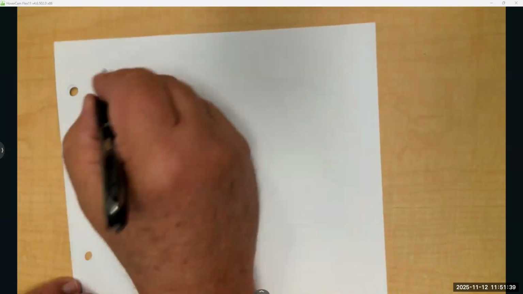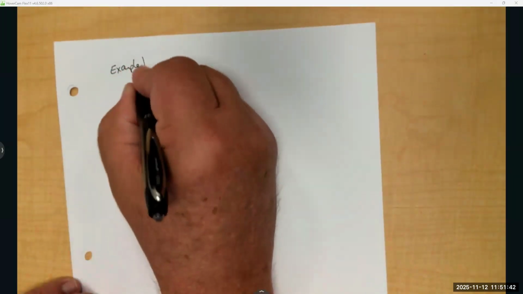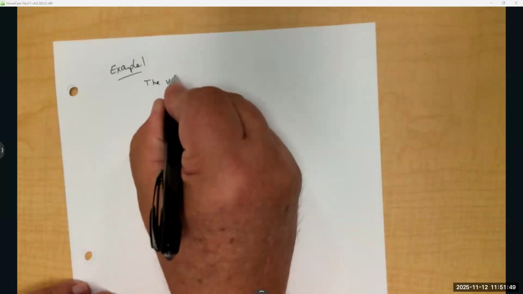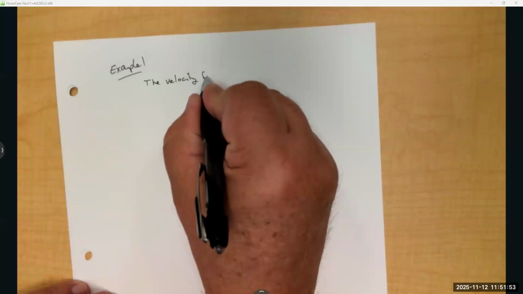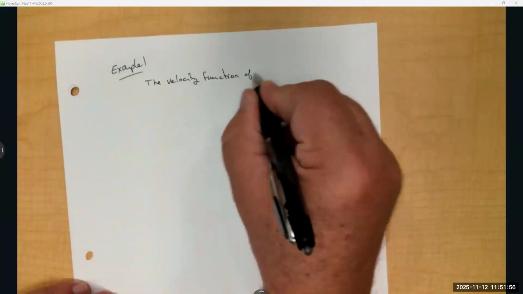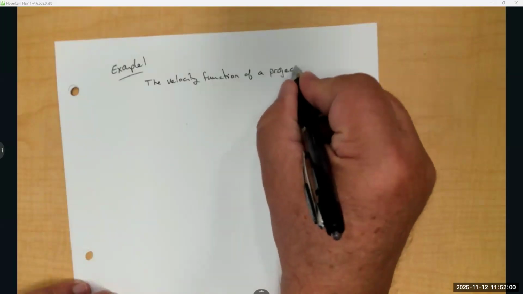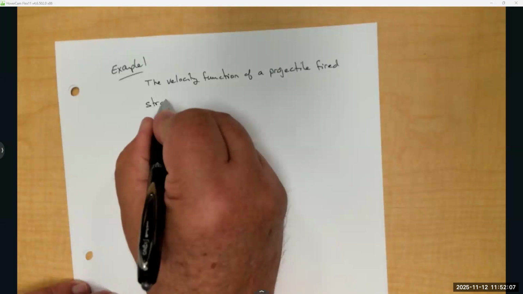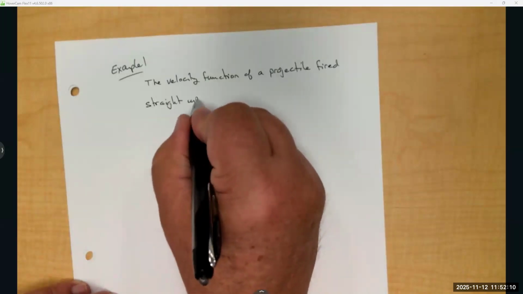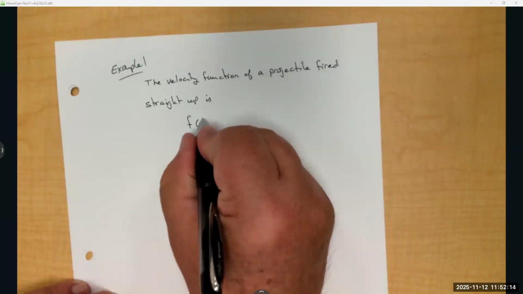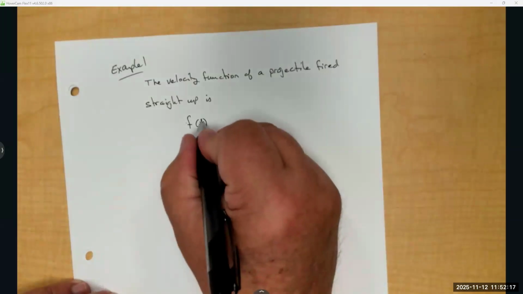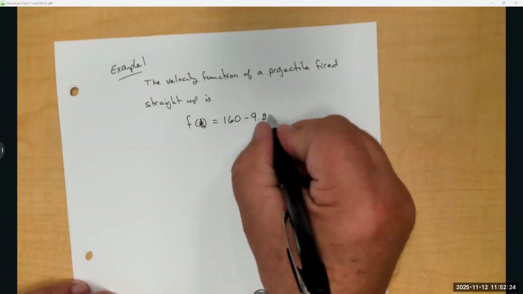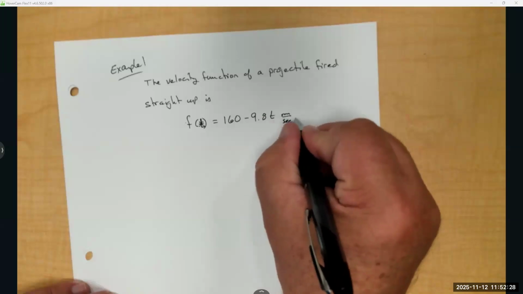So here's our example. Example 1. The velocity function of a projectile fired straight up is f of x, or f of t, since we're dealing with time, is 160 minus 9.8t meters per second.